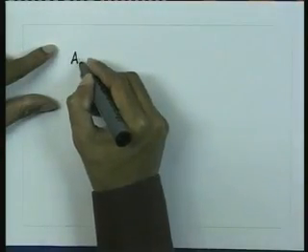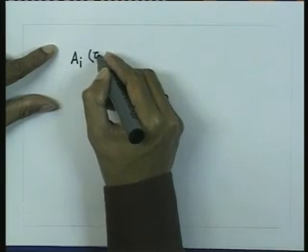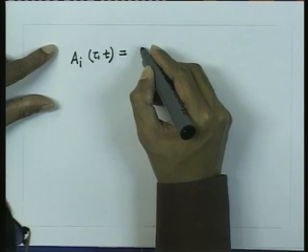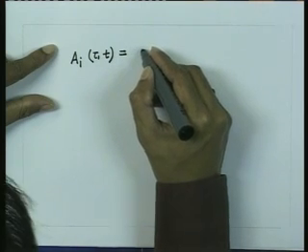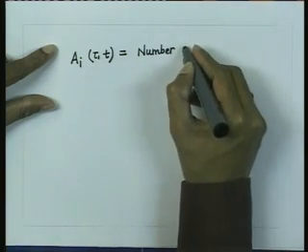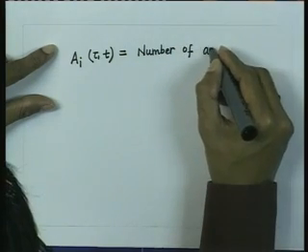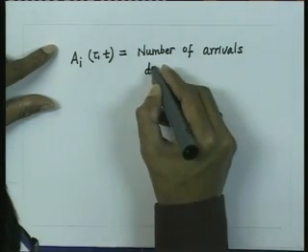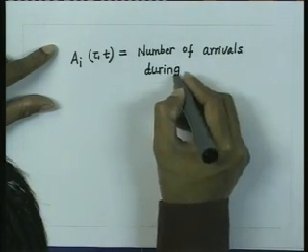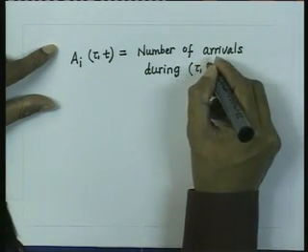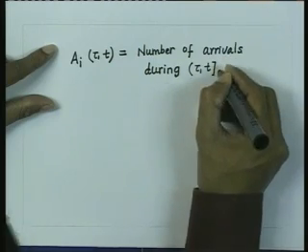We define A_i(tau, t) to be the number of arrivals during the interval tau to t.